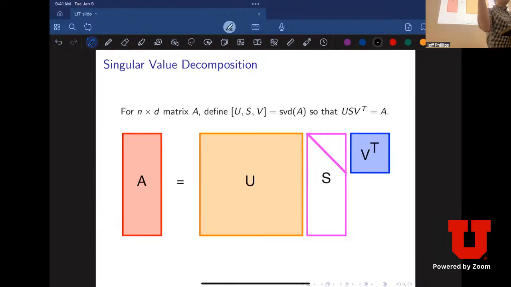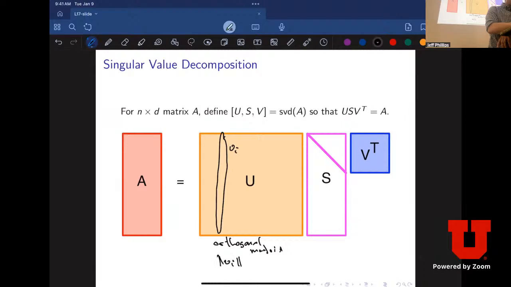Even if you have seen it before, hopefully it's a good review. This U is going to be an orthogonal matrix. What it means is that the columns of U, I'll call them u_i, each u_i is going to be a unit vector, and u_i dot u_i prime is going to be 0.